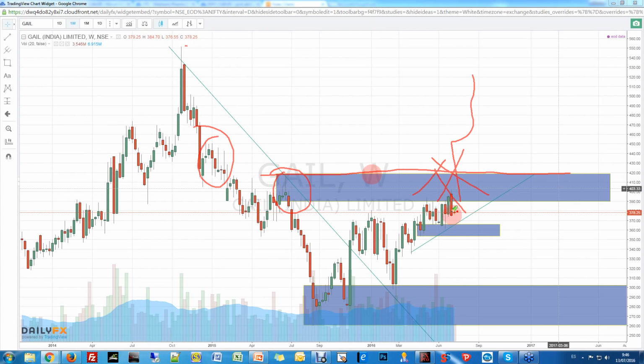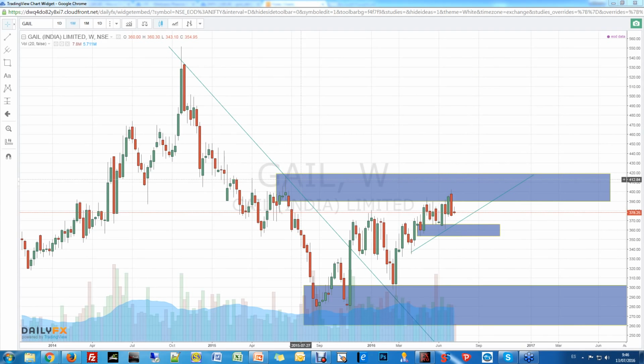So I wouldn't take shorts against weekly bullish trend line and weekly uptrend. No shorts allowed there. We need to remove this area. Make sense, Ryan and others? Deep. We have obstacles against us, so we need those obstacles out of the way. As simple as that.